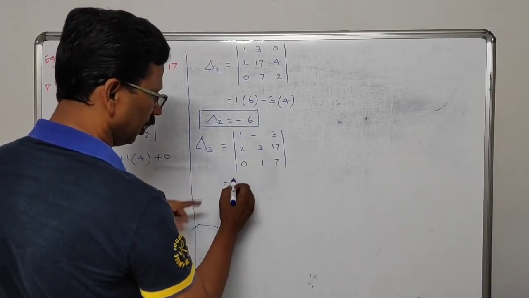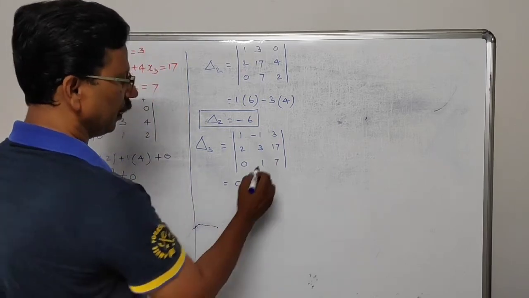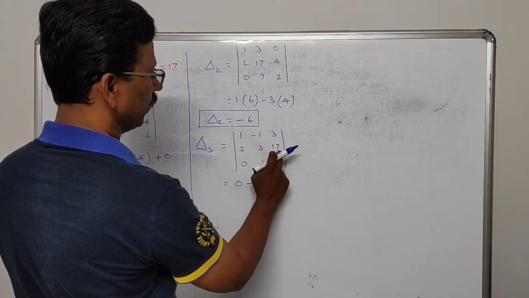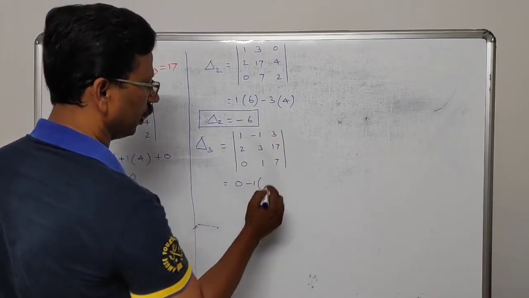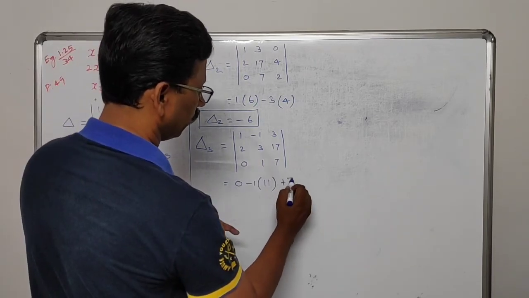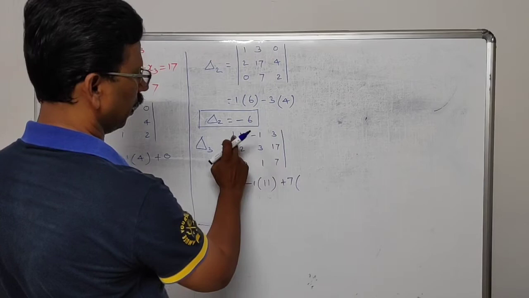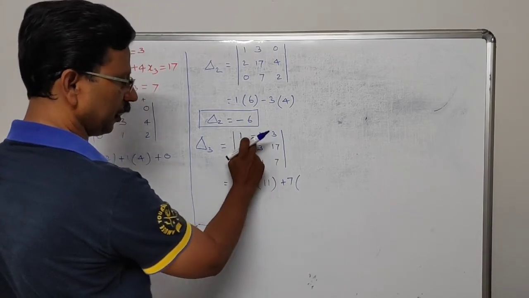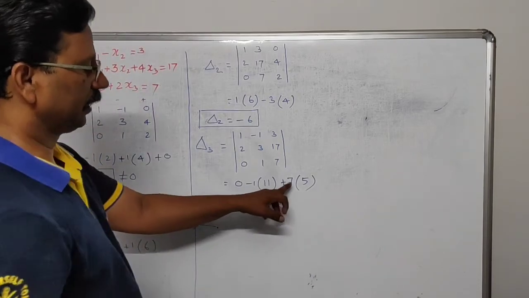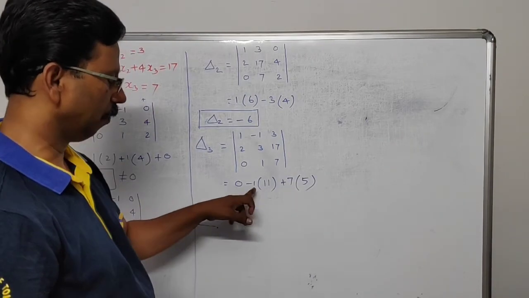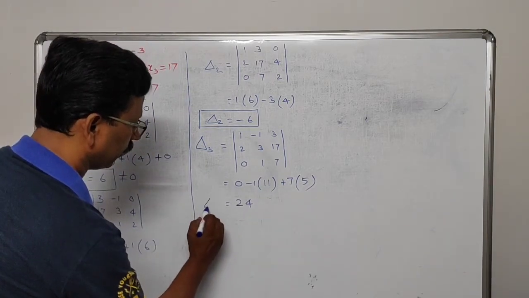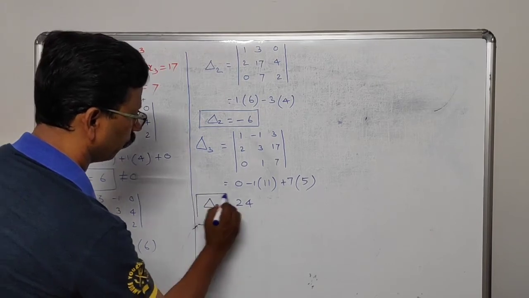Plus, minus, plus: 0 into anything becomes 0. Then minus 1 into, leaving this row and this column, 17 minus 6 gives 11. Then plus 7 into, leaving this row and this column, 3 plus 2, 5. Which is equal to 7 fives are 35 minus 11 gives 24. Now, delta 3 is equal to 24.